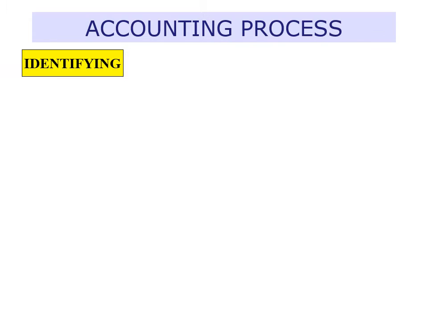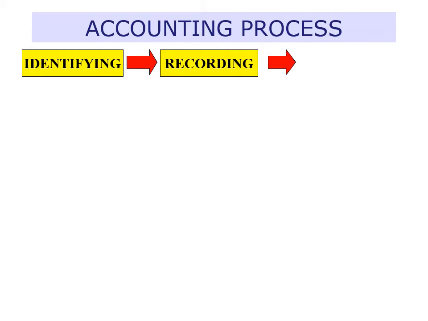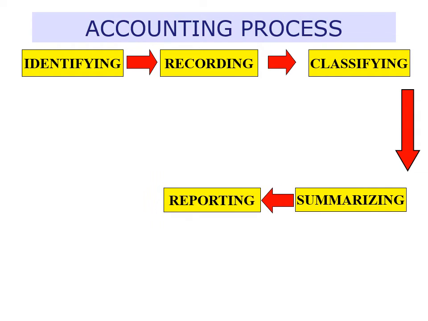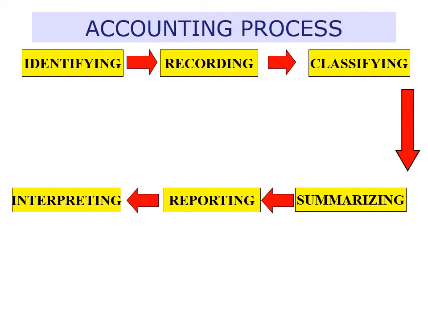So basically, the accounting process is identifying, recording, and classifying, and after classification we go to summarizing, reporting, and lastly interpreting the financial data in the financial statements.